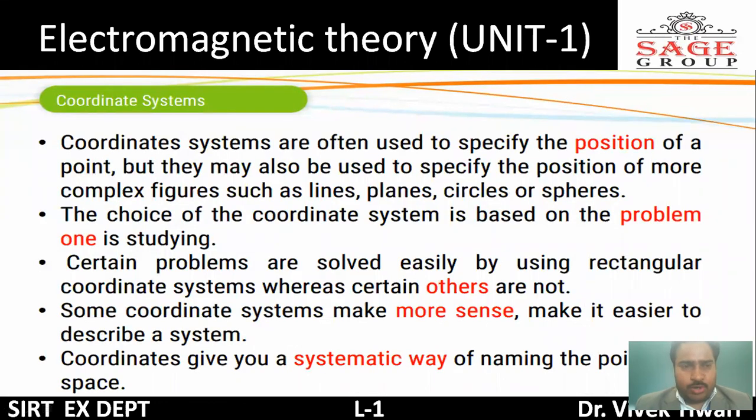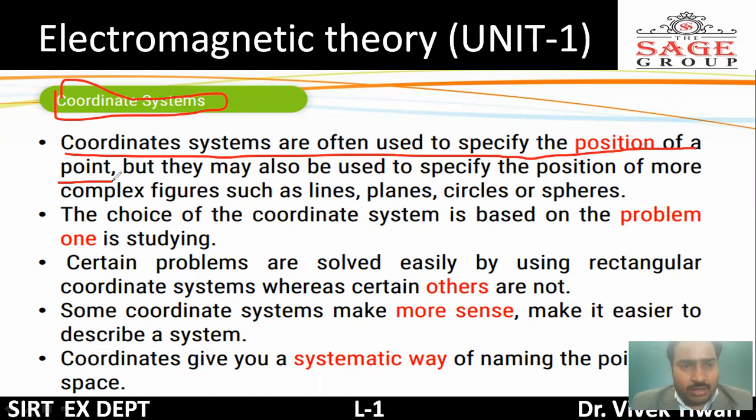Next very important topic of electromagnetic theory is the coordinate system. So we will discuss this coordinate system. A coordinate system is generally used to specify the position of a point. If in space we want to decide the position of any point, then we need a coordinate system.